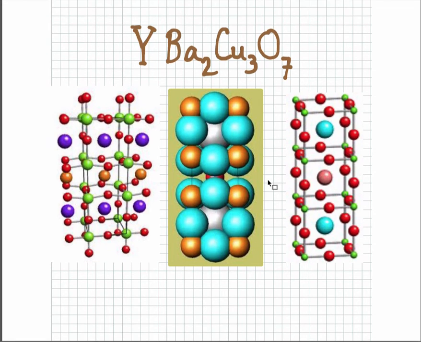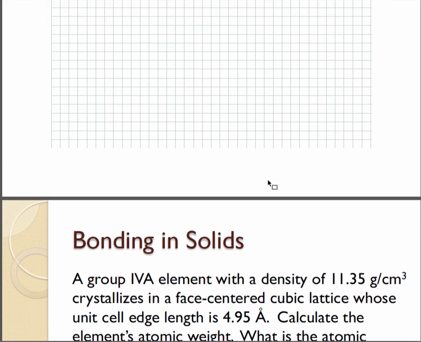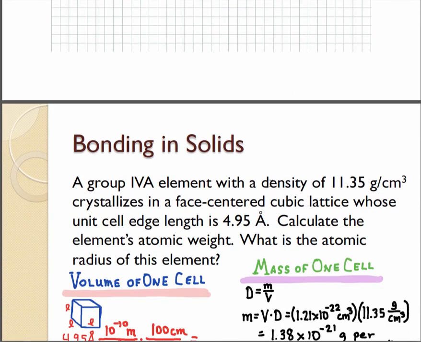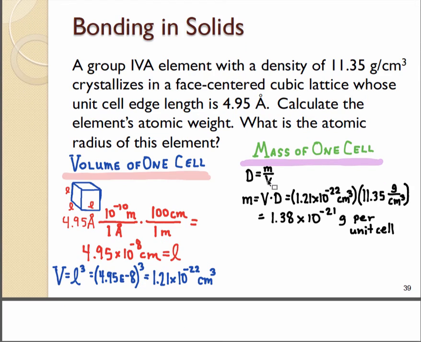Hard to believe, but from here we can go further, but we usually don't. If you know the size of the cube and you know the density, you can use a little bit of simple geometry to say, well, what if my cube was 4.95 angstroms on the side? I could get the volume of that cube.